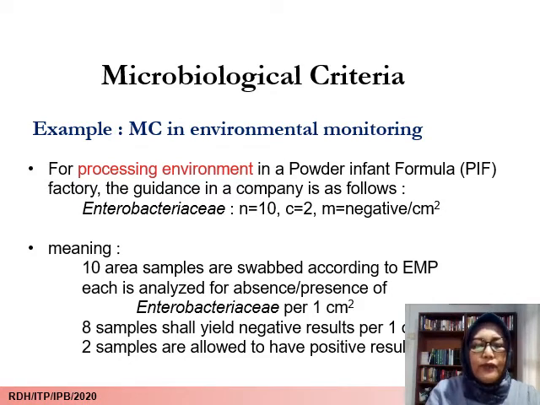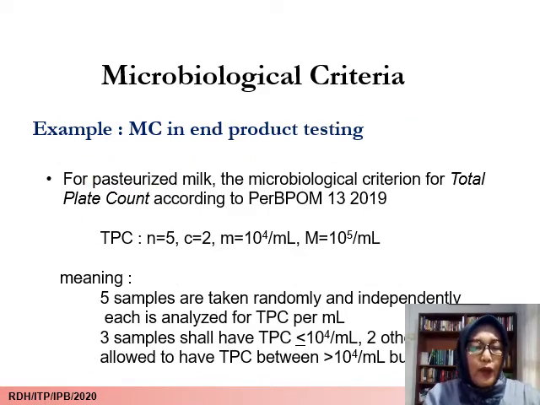Each is analyzed for the absence or presence of Enterobacteriaceae per 1 centimeter square. 8 samples have to yield negative results per 1 centimeter square, and a maximum of 2 samples are allowed to have a positive result.